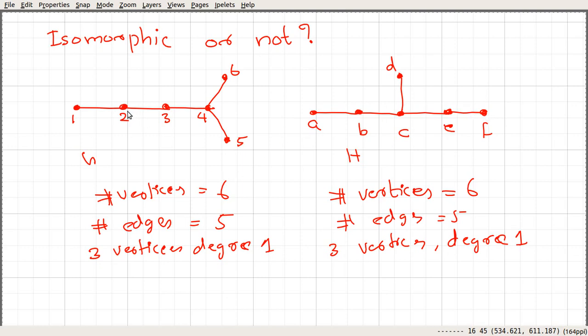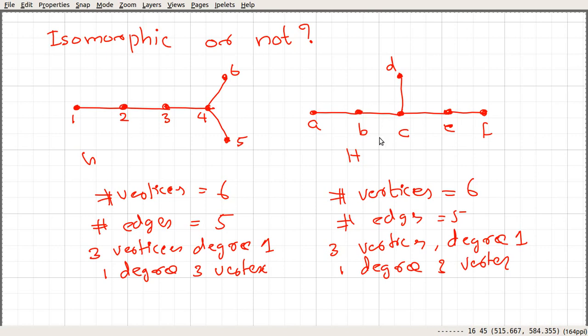And one degree 3 vertex, this one, 4. And here again we can see that this graph does have 1 degree 3 vertex.